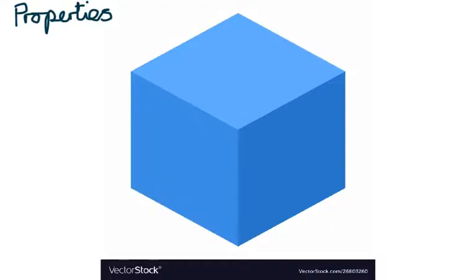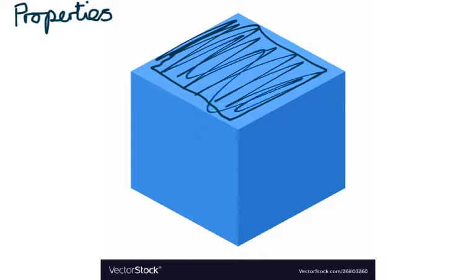So let's have a look at some properties of 3D shapes first, just to remind you what everything is called. Here we have a cube. On this cube, we have the big flat parts.